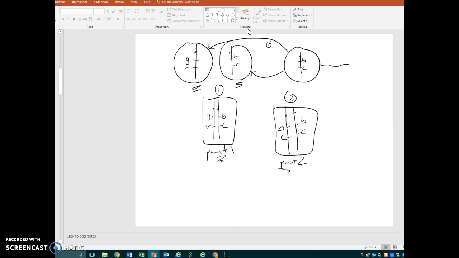Right? In order to get the other recombinations, right, you would have to take this sperm, that sperm up there, and get the gamete that is the result of the recombination, and this is the other gamete that is the result of that recombination. Sorry, this is red down here, right?